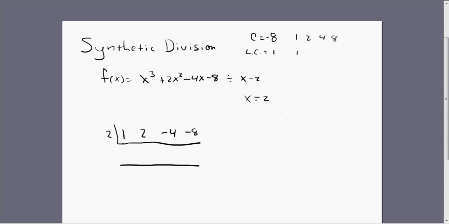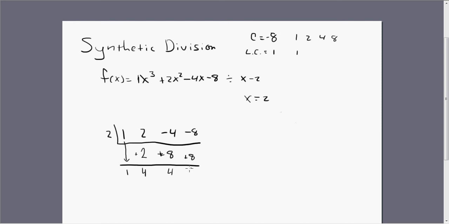The very first thing I always do is bring down my very first number, and that's 1. And that 1, once again, came from here. So 2 times 1 is 2, so I put down 2, and I add. 2 plus 2 is 4. Alright, 2 times 4 is 8, and so I add again. Negative 4 plus 8 is 4. 2 times 4 is 8.